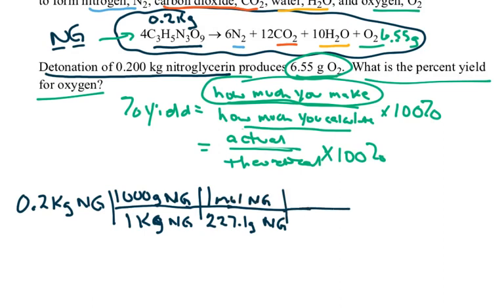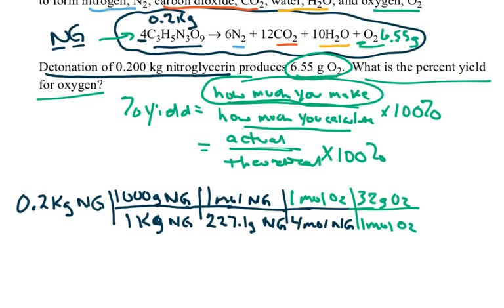Okay, and then by our formula up above, we have 4 moles nitroglycerin and 1 mole O2. And then for every 1 mole of O2, there's 32 grams of O2.